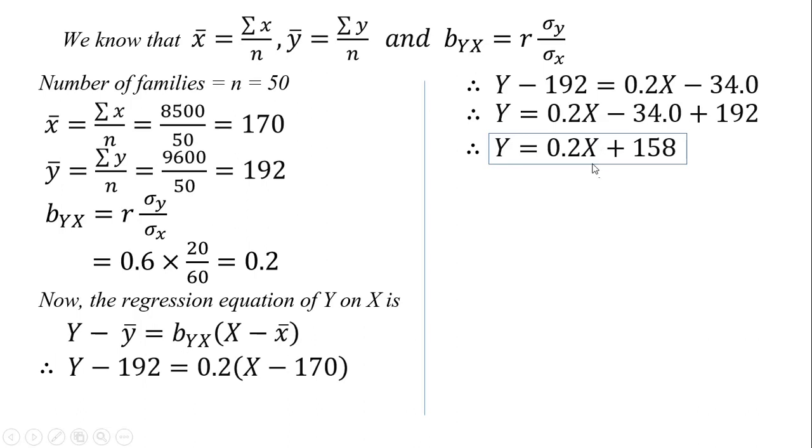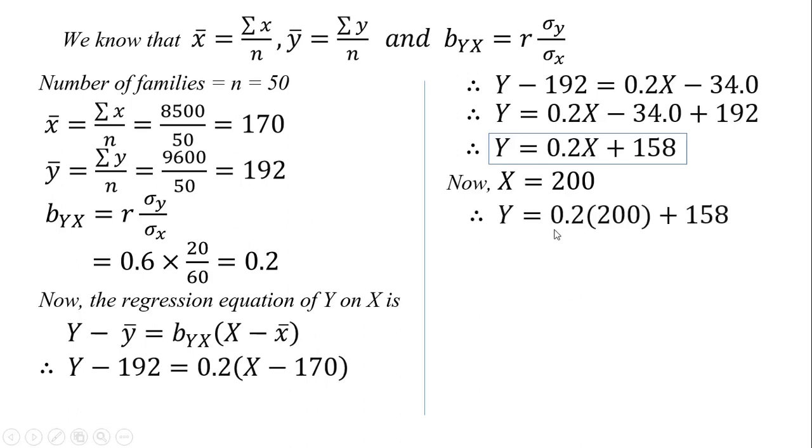When x is given and we want to find y, we use this equation. Now x is equal to 200 and we want to find y. We only have to substitute x is equal to 200 in this equation. Therefore, y is equal to 0.2 into 200 plus 158. Y is equal to, this product is 40, plus 158.